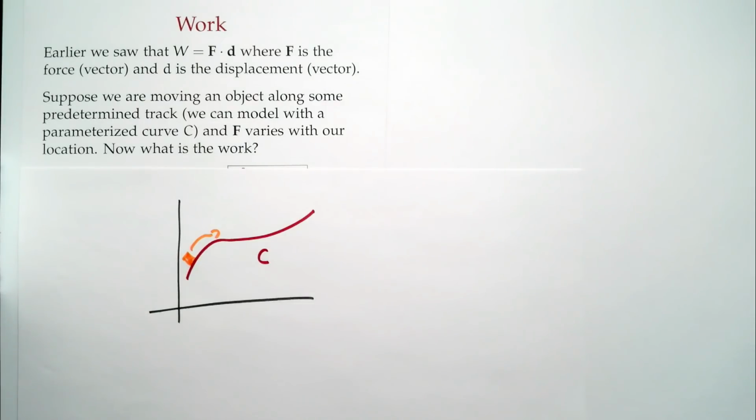And as I move the object along, things happen. First off, I'm not always going to have my displacement being in the same consistent direction, because the track I'm on is curved. But it also might be the case that the force I have is varying with my location. So now my force and my displacement are changing based on where I'm at.